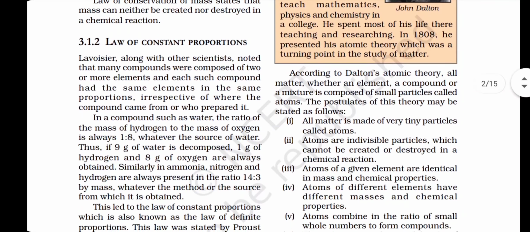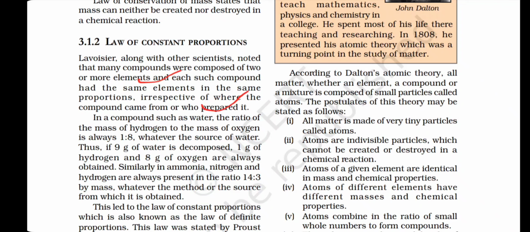Today we will learn about the law of constant proportion. Lavoisier, along with other scientists, noted that many compounds are composed of two or more elements. Each such compound had the same elements in the same proportion, irrespective of where the compound came from or who prepared it.